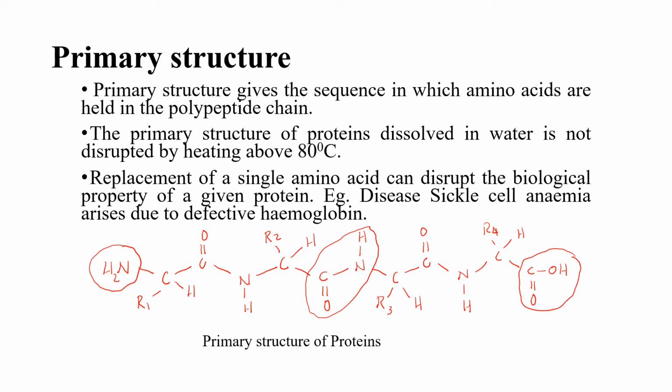The amino acid having free COOH is known as the C-terminal amino acid, and the amino acid having free NH2 group on the other end is the N-terminal amino acid.